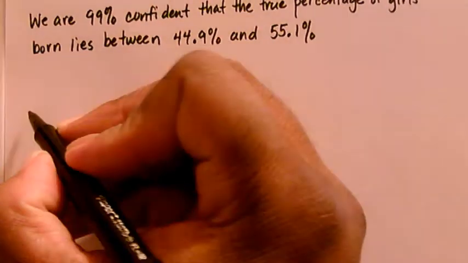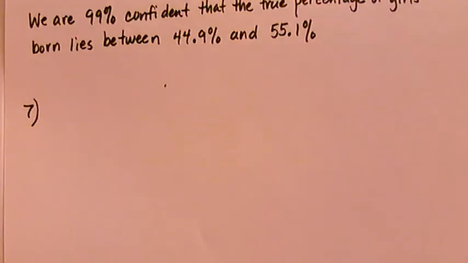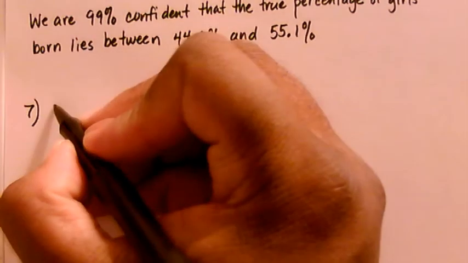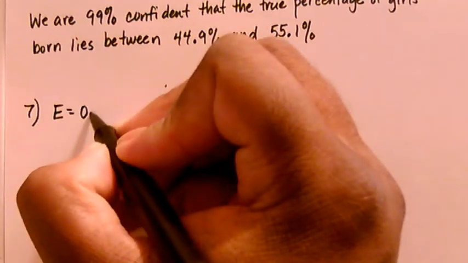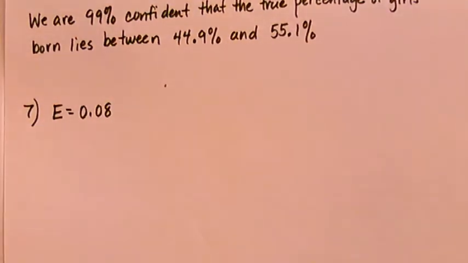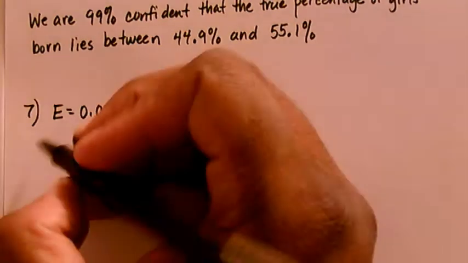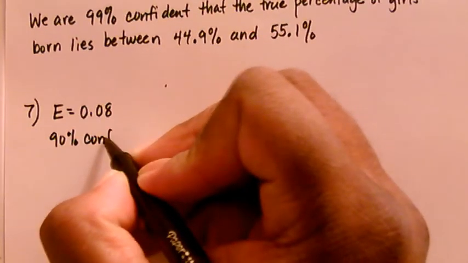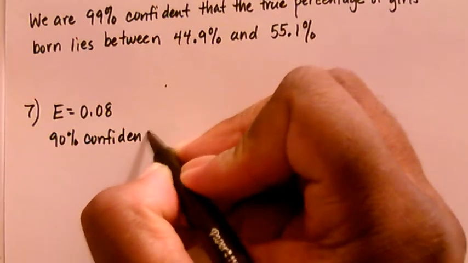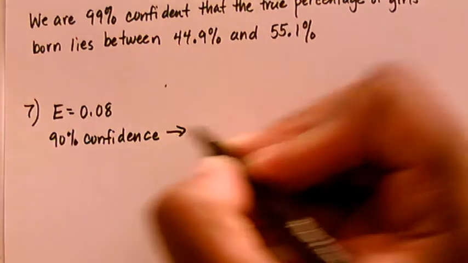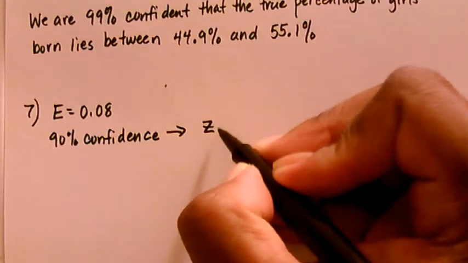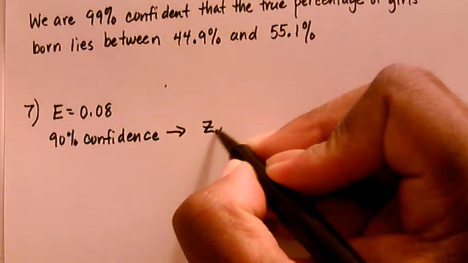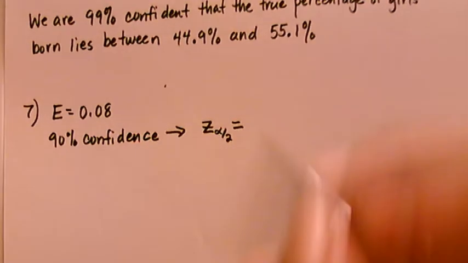Okay, so let's look at what we already have. We're told to use a 0.08 margin of error, so that means your E is 0.08, and use a 90% confidence level. And that's one of our three most common confidence levels here, so we should know what that Z of alpha over 2, that critical value, is going to be.